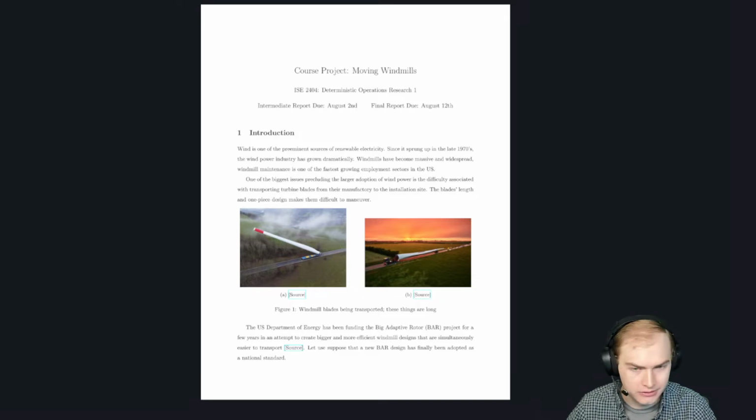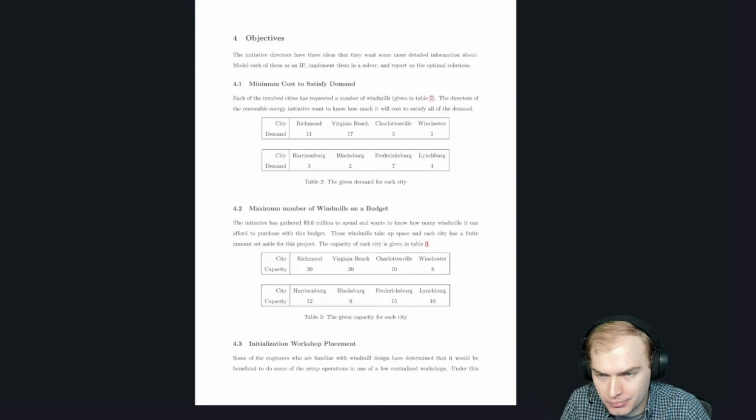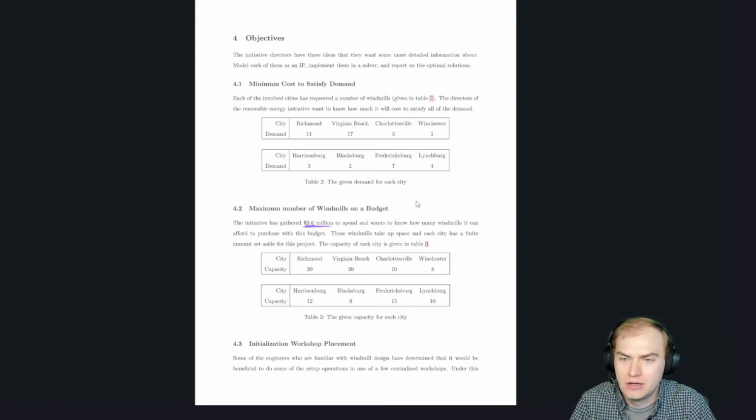You made it. Before we get into proper lecture content, I wanted to bring to everyone's attention a change I made to the project a few minutes ago. I sent out an announcement over Canvas, but I just wanted to point out here that the budget in 4.2 should now be 3.6 million.